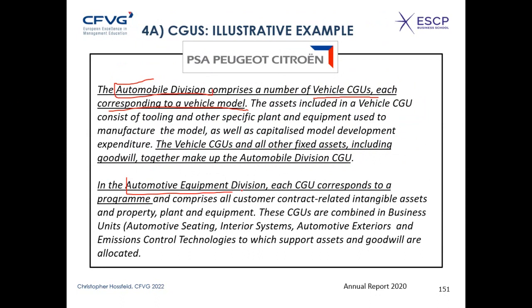They also have the equipment division, and there they have several cash generating units corresponding to a program. They don't tell us here how many cash generating units they have, but from the different vehicle models in the group, we can assume there are 10, 20, 30, 40 cash generating units. And that means they have to do an impairment test for each of those cash generating units.